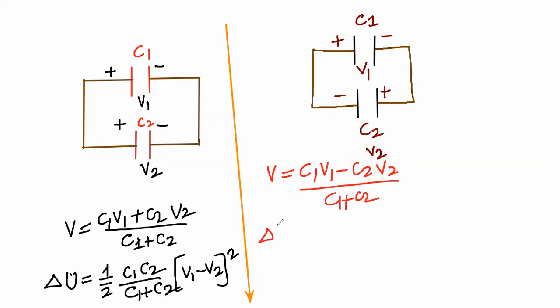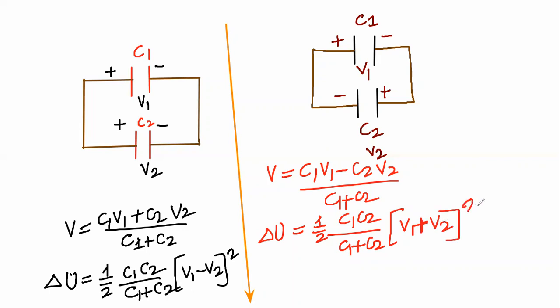So the loss of energy, delta E, is equal to 1 by 2 into C1 C2 divided by (C1 plus C2) into (V1 plus V2) whole square. This loss of energy is related to the electric potentials, right?